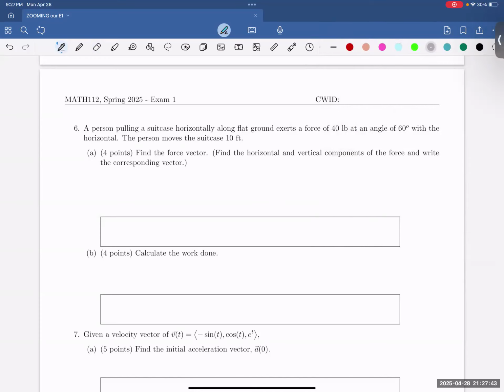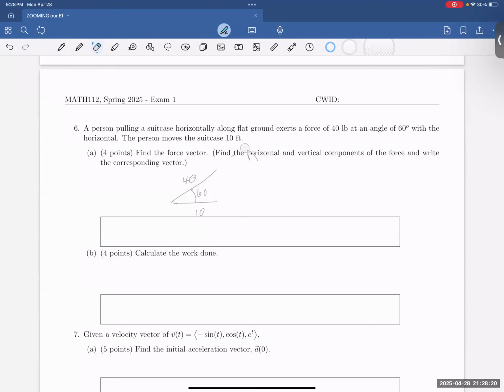A person pulling a suitcase horizontally along flat ground exerts a force of 40 pounds at an angle of 60 degrees. So here's the force of 40, angle 60. Let's say that's the 10 feet.